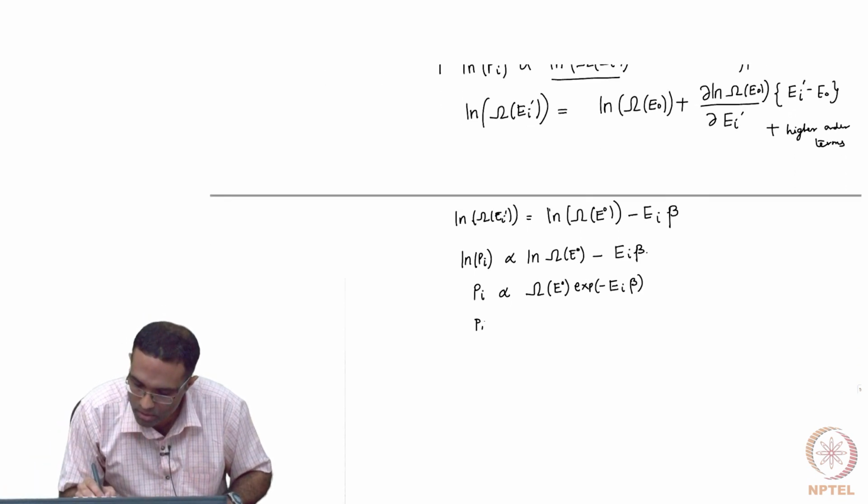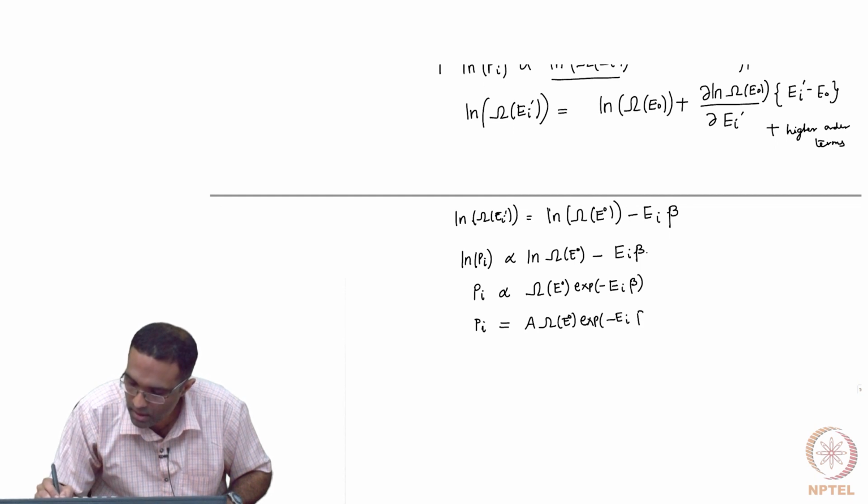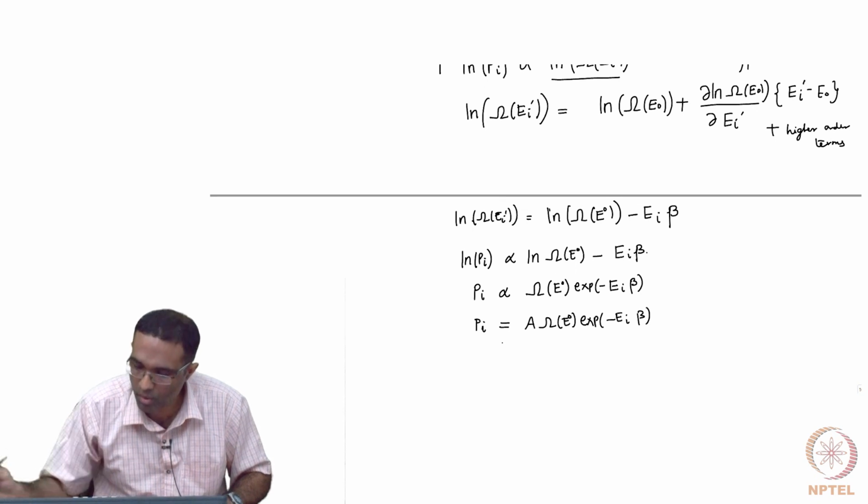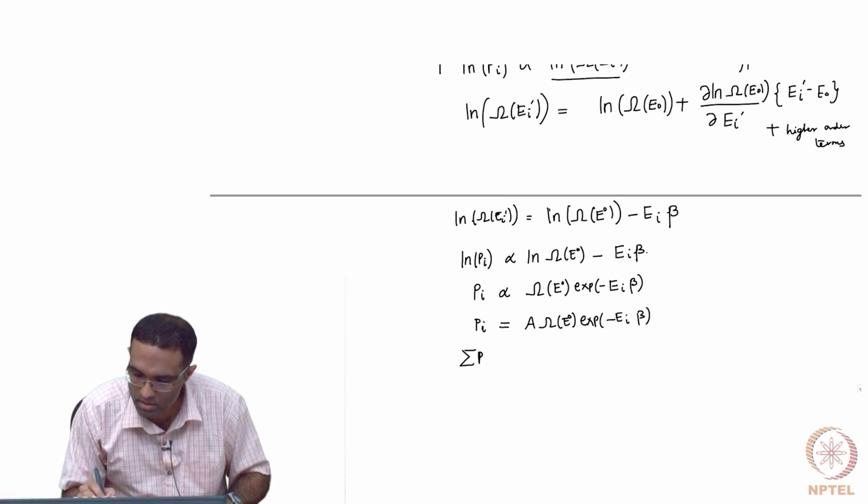Now again I can include some sort of a constant here: Pi is equal to A omega E naught exp minus Ei beta. However, what is this quantity?